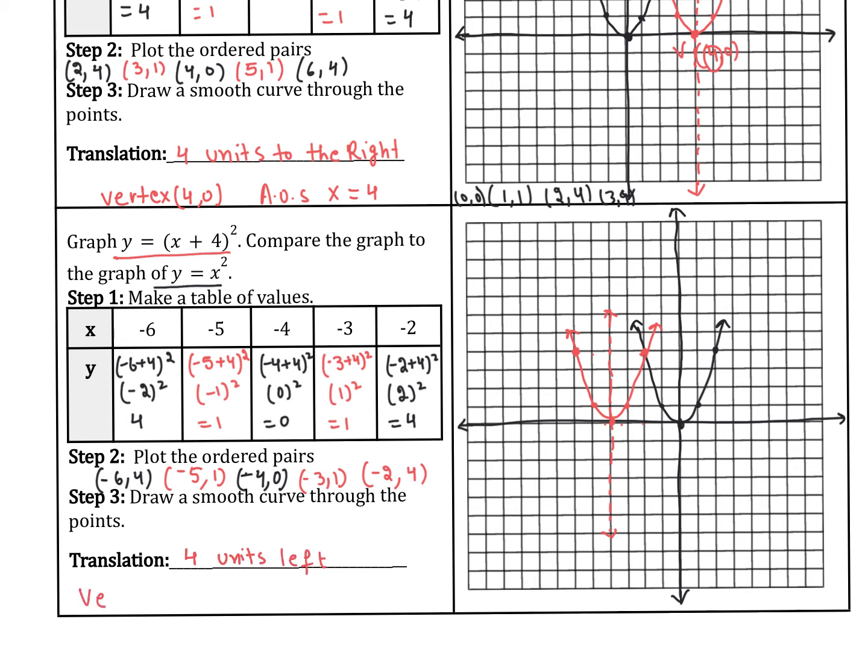My vertex is the point where the parabola starts. This is point B, that is -4, 0. And my axis of symmetry is this line, the center line from the vertex, and it's the x value of the vertex.